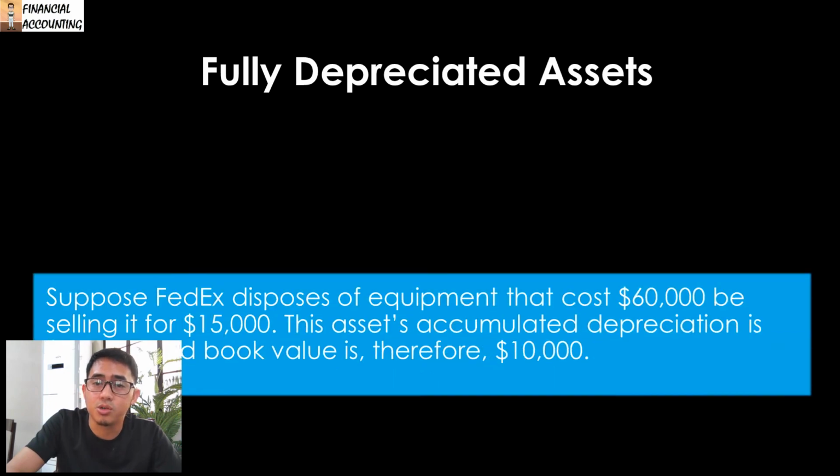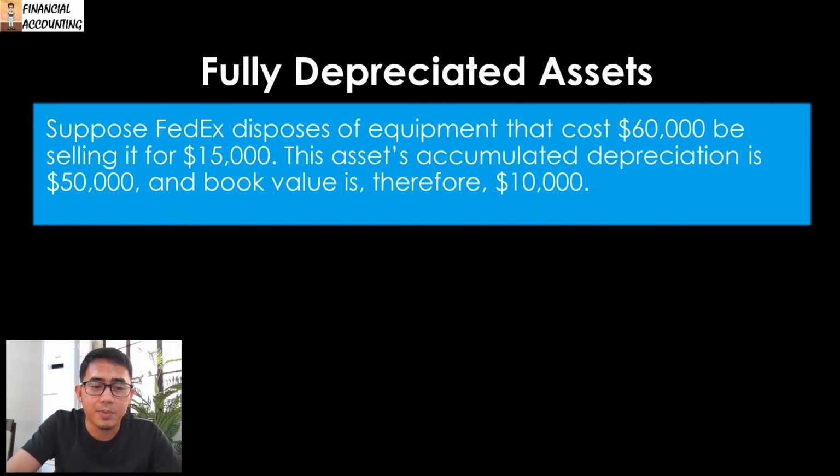Okay, if the selling price is higher than the book value, suppose FedEx disposes of equipment that costs $60,000 by selling it for $15,000. This asset's accumulated depreciation is $50,000 and the book value is therefore $10,000.